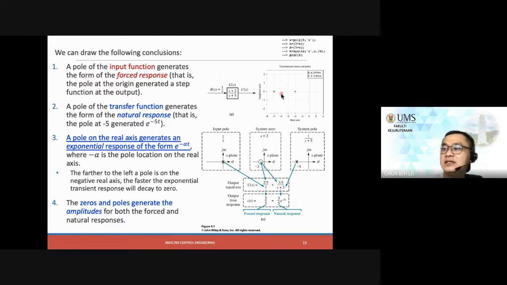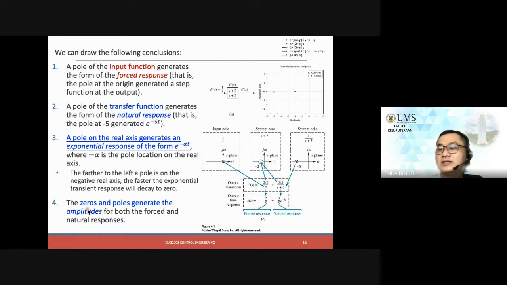The further left the pole is on the negative real axis, the faster the response becomes zero, meaning it reaches the steady state faster.